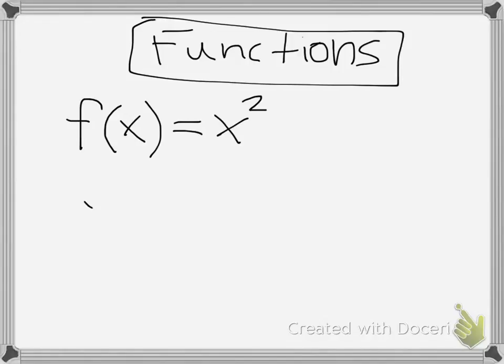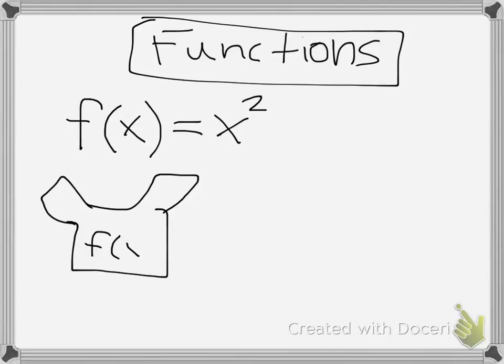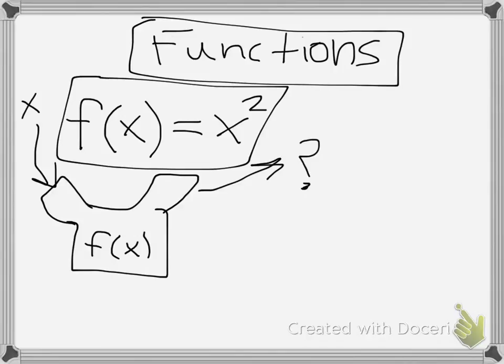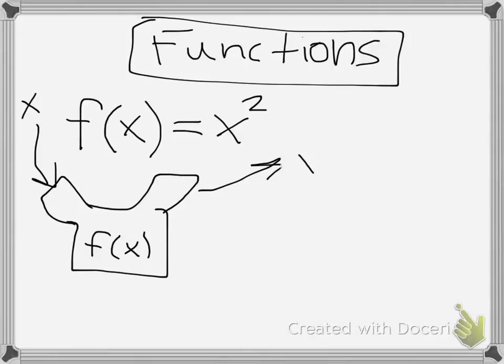Well, you can think of a function kind of like a box. So let's say it's called f of x, and you can put in x, and then out of it you get something. So for example, for f of x equals x squared, you get x squared out of it.